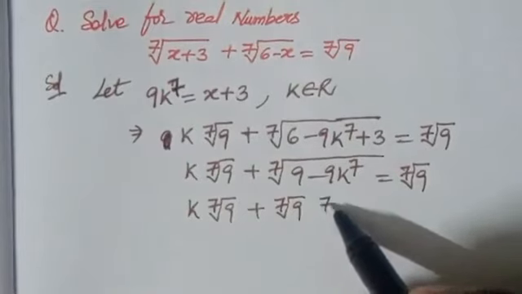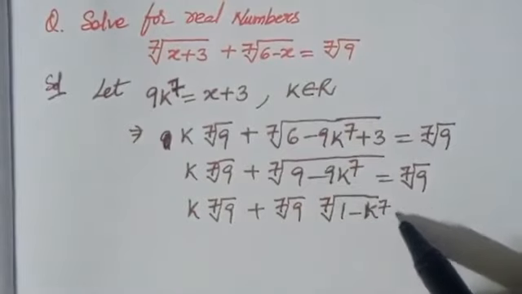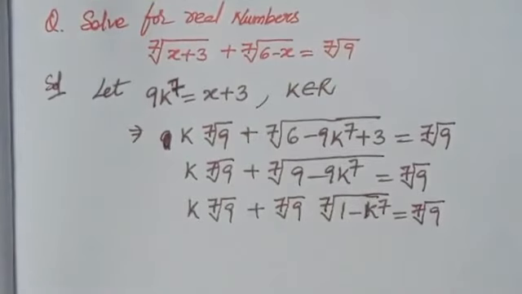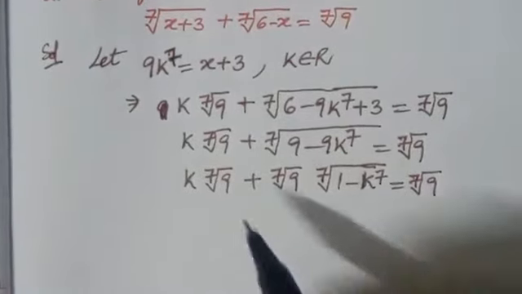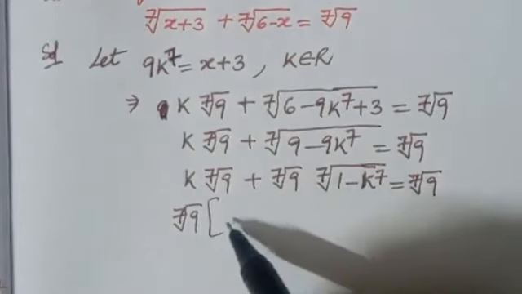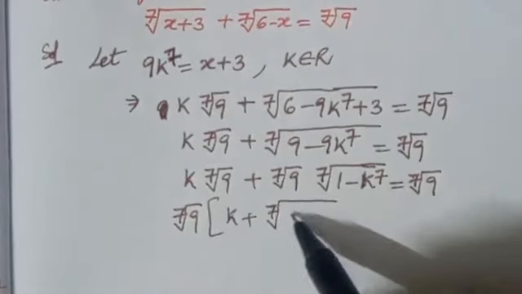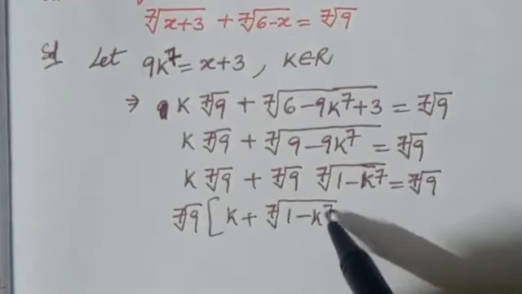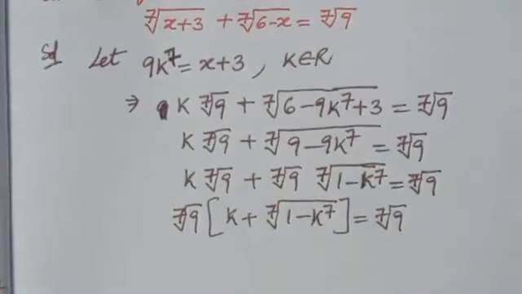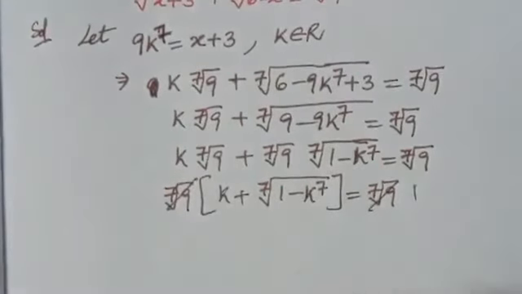So we get k plus the seventh root of 1 minus k to the power of 7 is equal to the seventh root of 9. So here you can cancel the seventh root of 9.